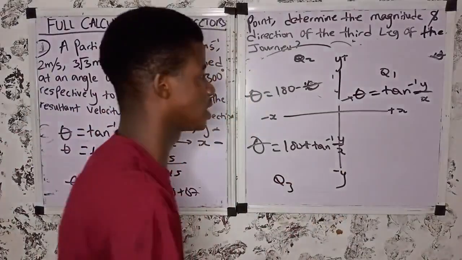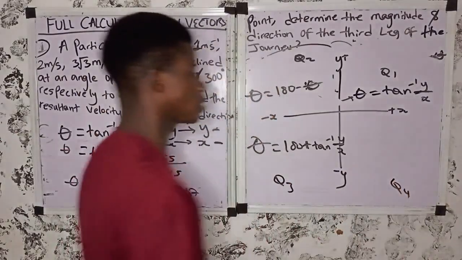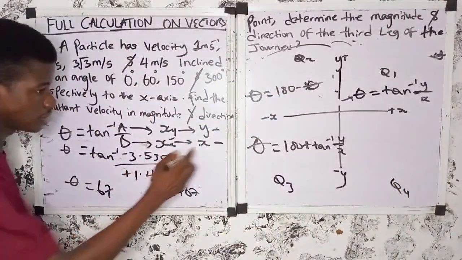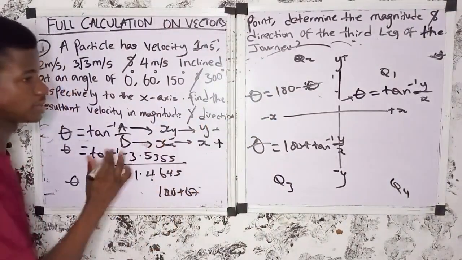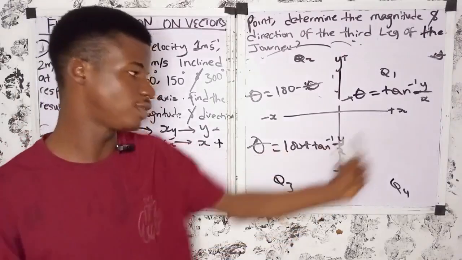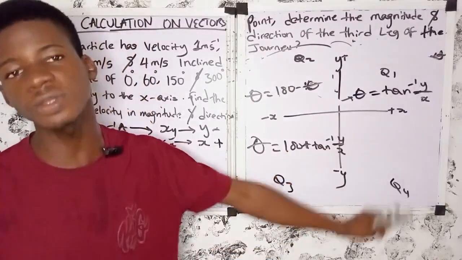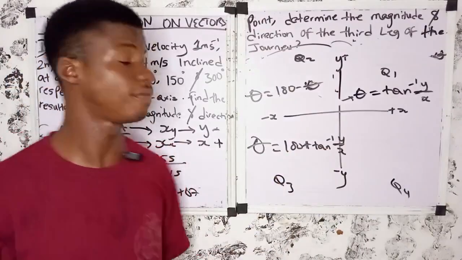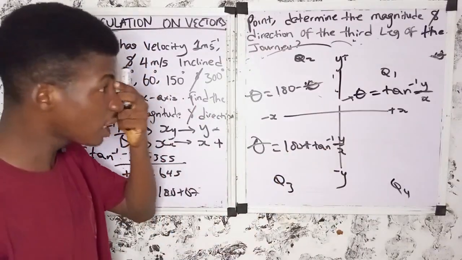Now for the fourth quadrant: when x is positive and y is negative, the angle lies in the fourth quadrant. How can you calculate the angle in the fourth quadrant?